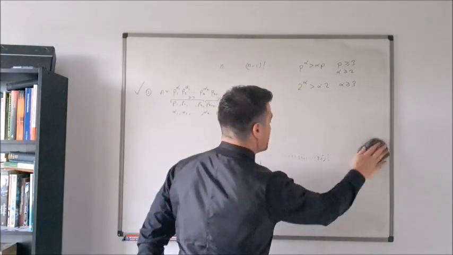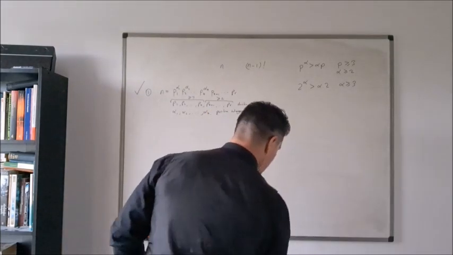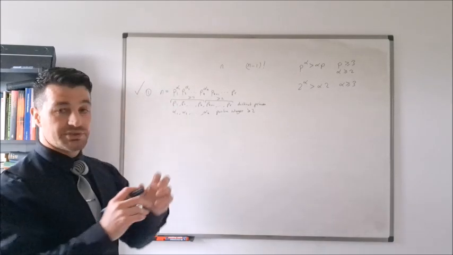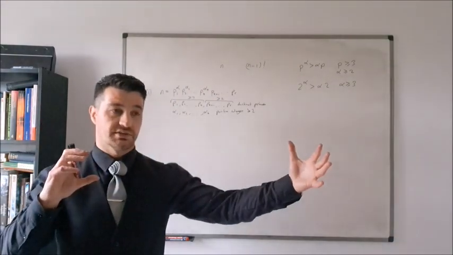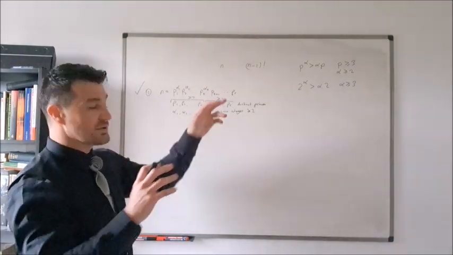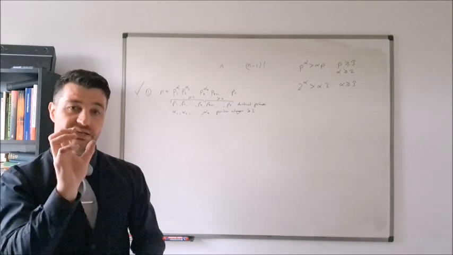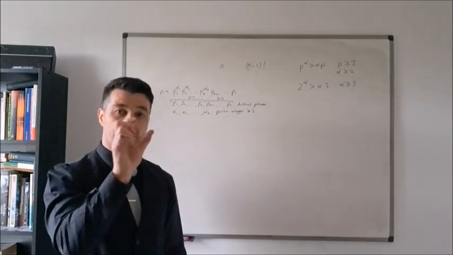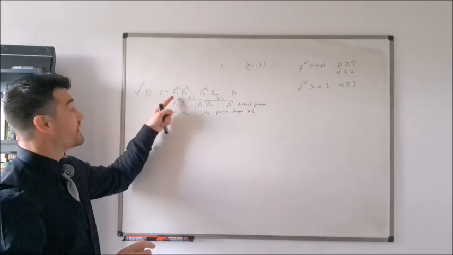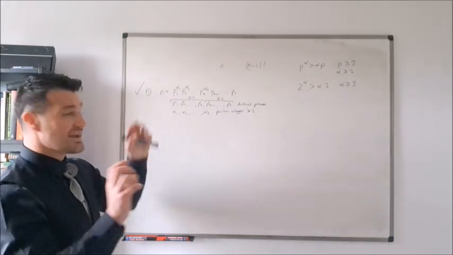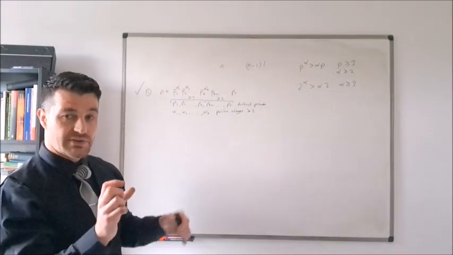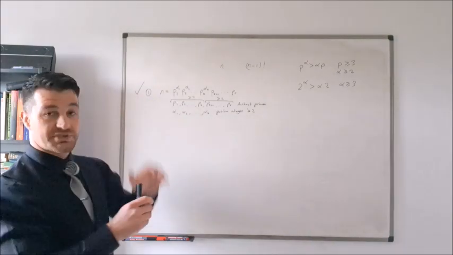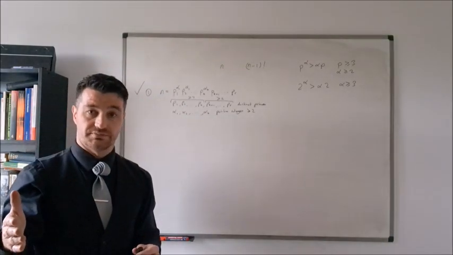Okay, so what this means is that if I've got n equal to a product of primes, it can be products of any primes, but if there's a prime in that factorization that's greater than or equal to 3 and which has a power greater than or equal to 2, then n must divide n minus 1 factorial.